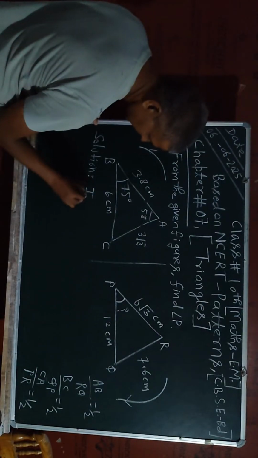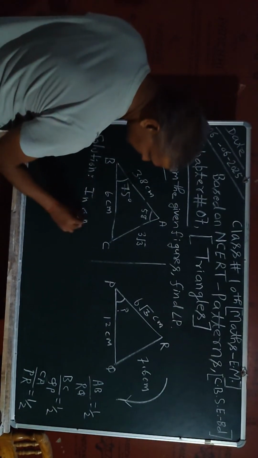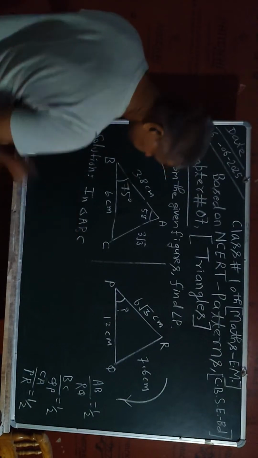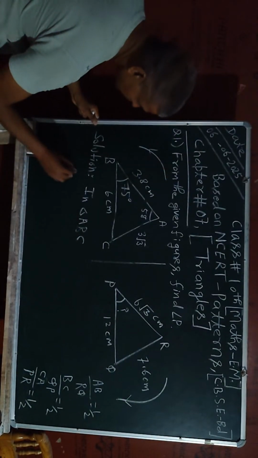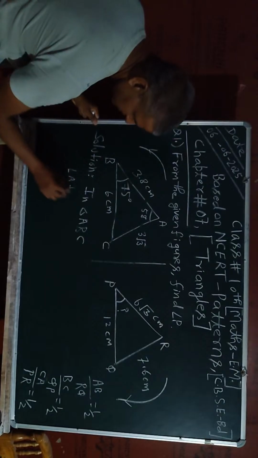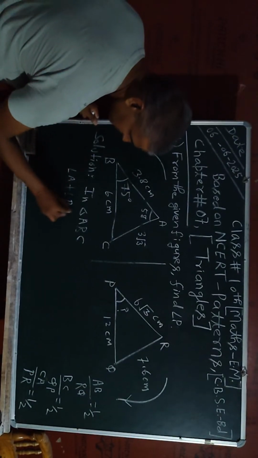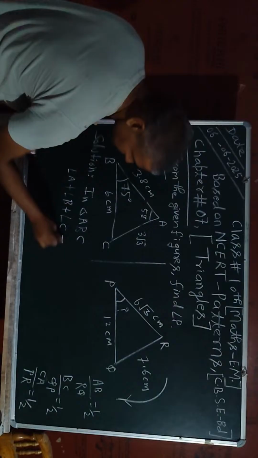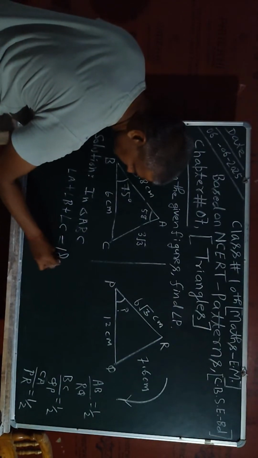In triangle ABC, here I will write angle A plus angle B plus angle C, which is equal to 180 degrees.